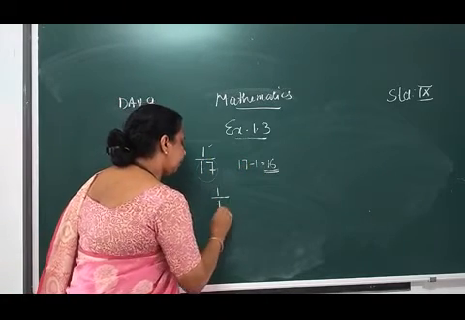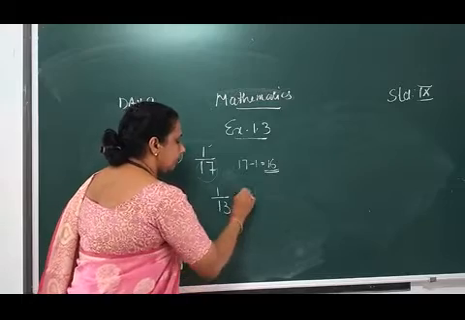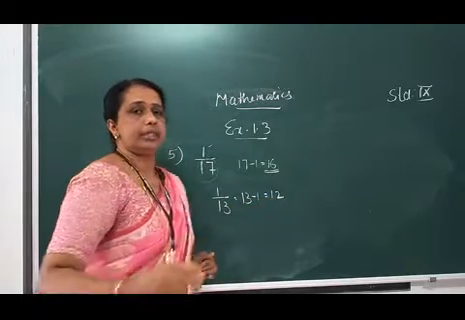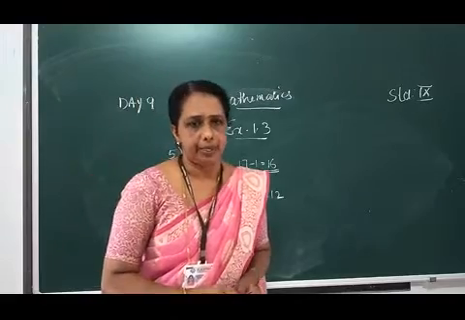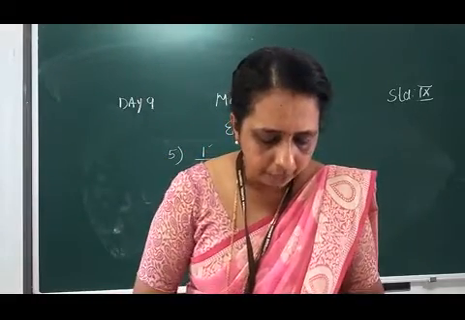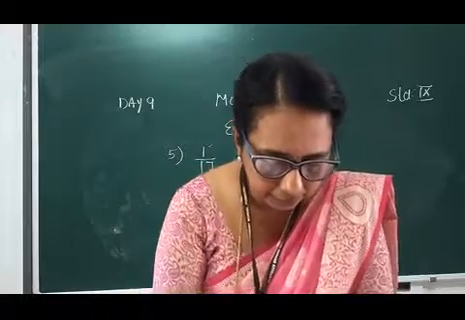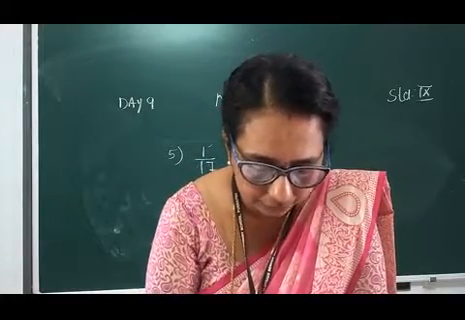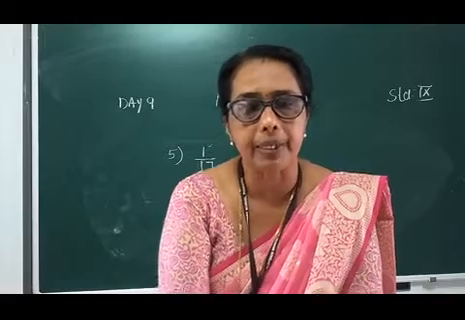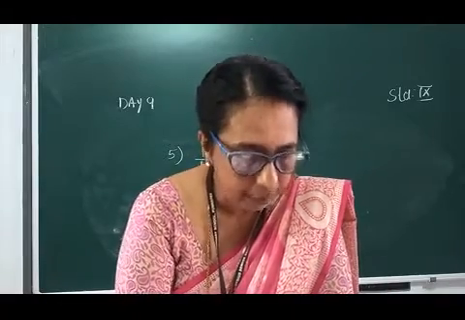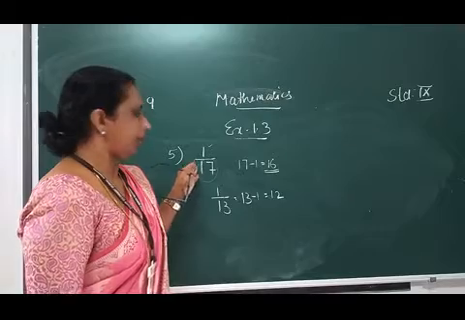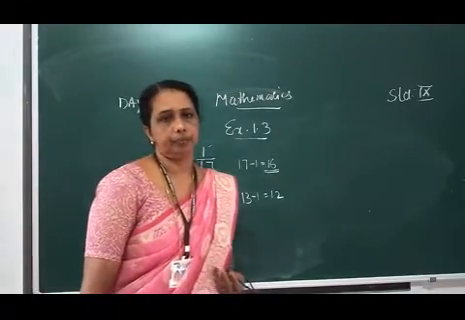Understood? If the number is 1 by 13, how can we find out? That is 13 minus 1. After 12 digits, again the digits are repeating. Here the question is the maximum number of digits in the repeating block. There are a maximum of 16 digits in the repeating block in the decimal expansion of 1 by 17. That decimal expansion you have to find out in your notebook.